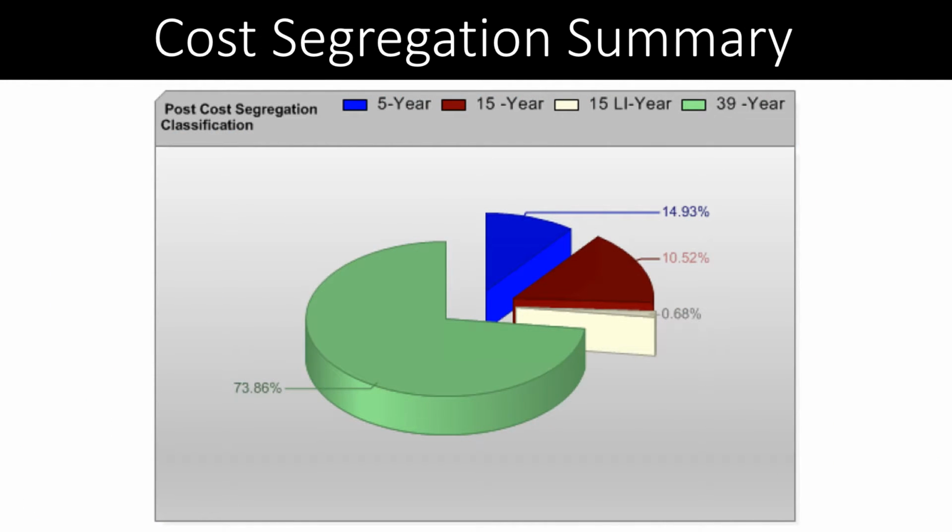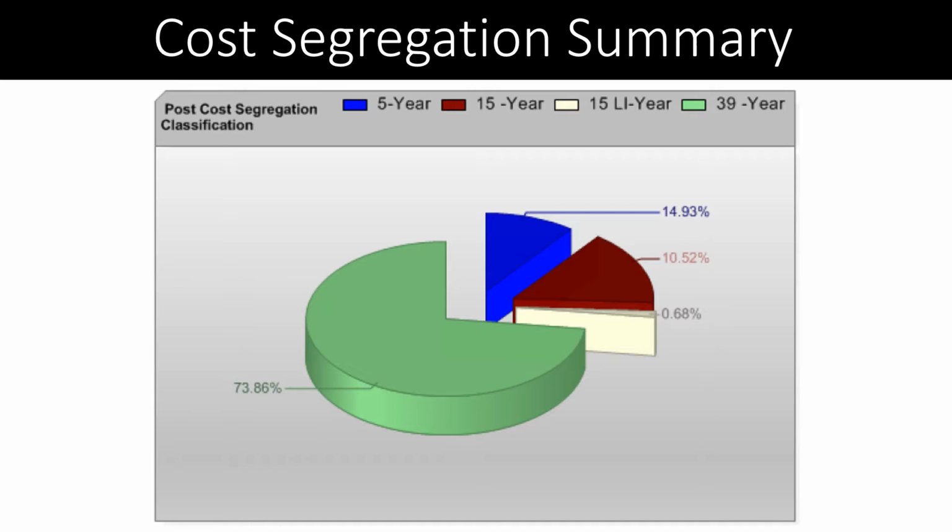The ultimate result of a cost segregation study is illustrated in this pie chart, displaying a reallocation of the original aggregated asset into several slices representing asset groups with different depreciation lives. In this case, the original allocation was 100% to 39 years.